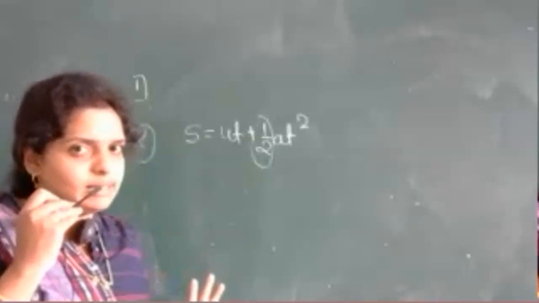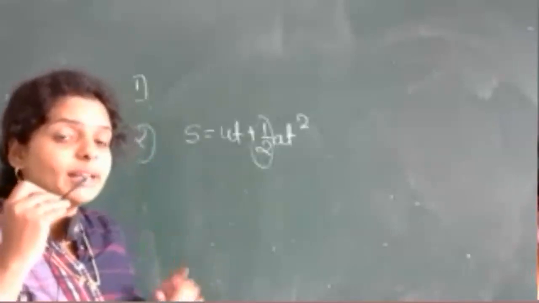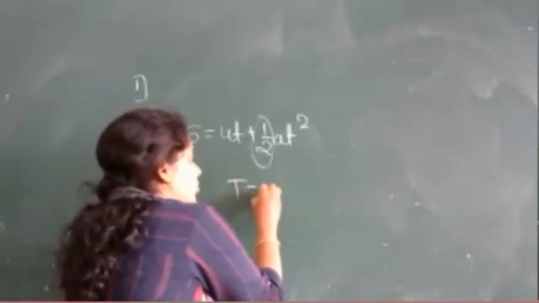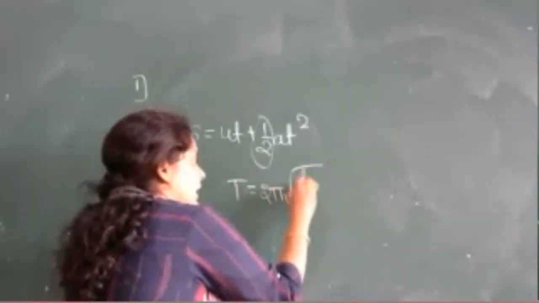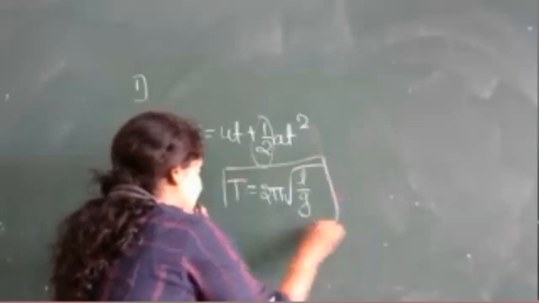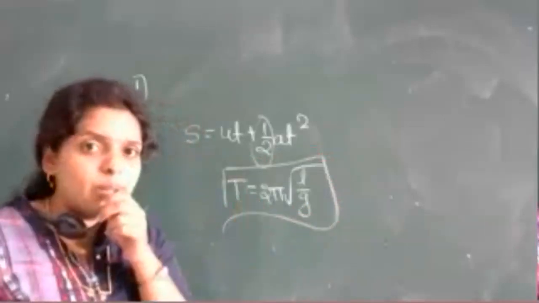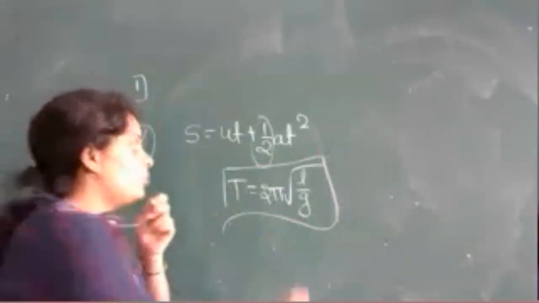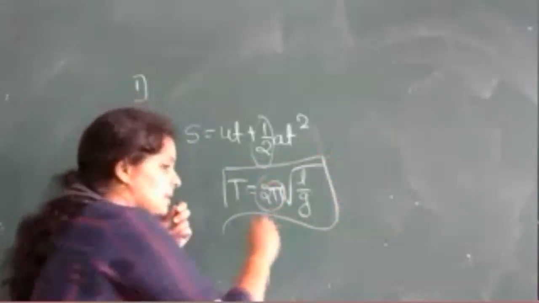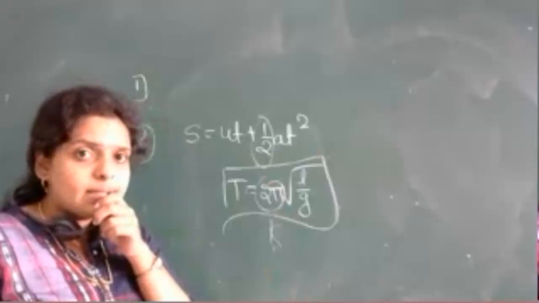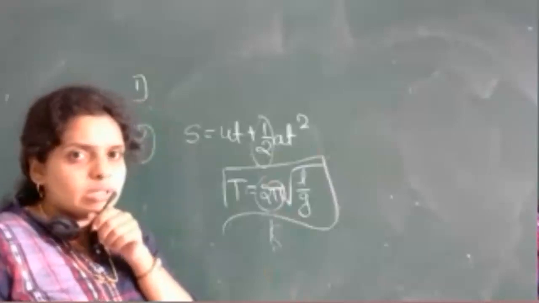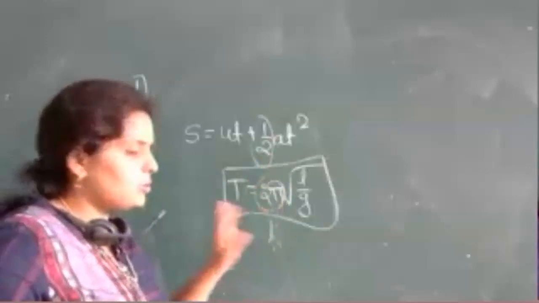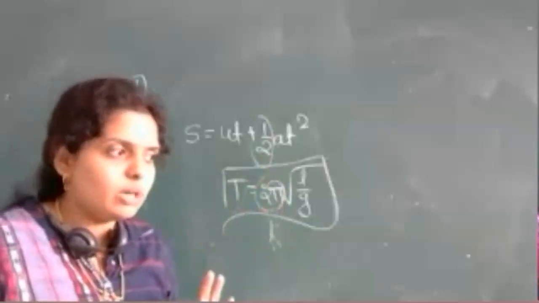Just now we discussed time period is equal to 2 pi under root of L by g. Actually, this is the relation for the time period of the simple pendulum. But in the equation you derived, you just take the constant as K. So which constant is there, you will not understand, and if a constant is there, you cannot write any dimension formula for it.